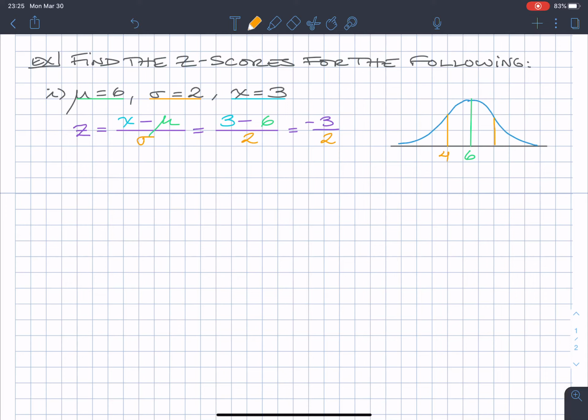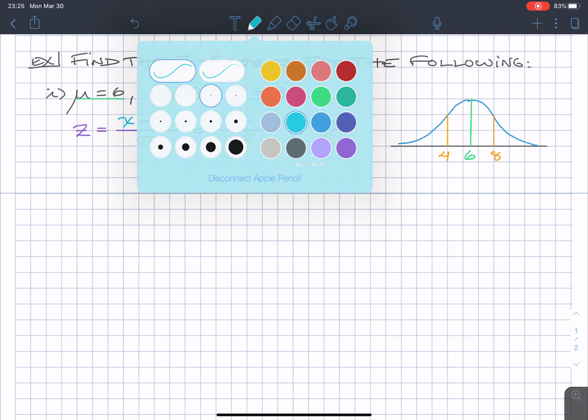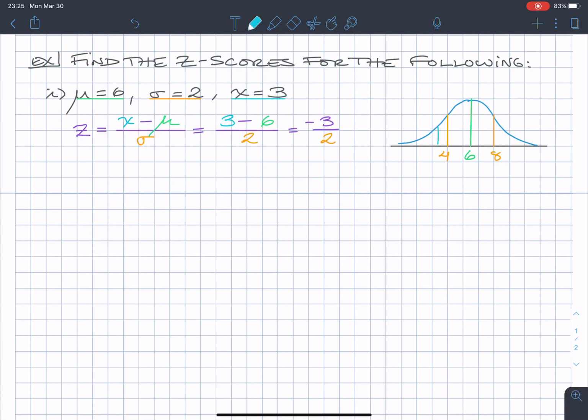And this must be 8 because I'm 2 away. And I claim, so my data point is at 3, which is about here, right? Maybe about here. Actually, I don't like that. I'm going to make it about here. Make my life easier. Okay, so 3.